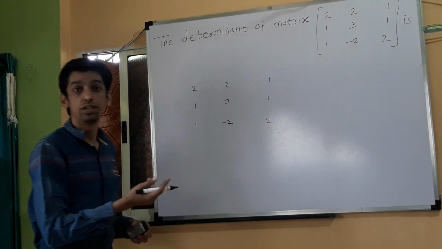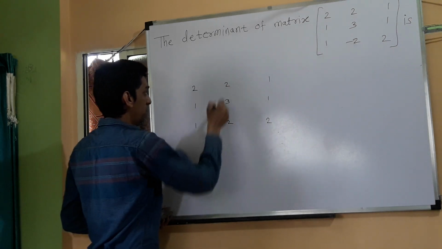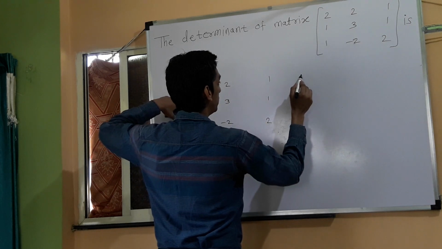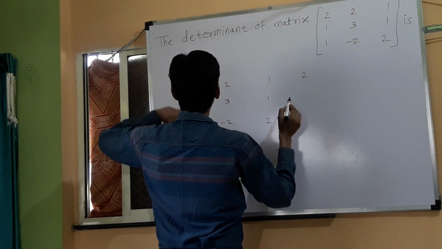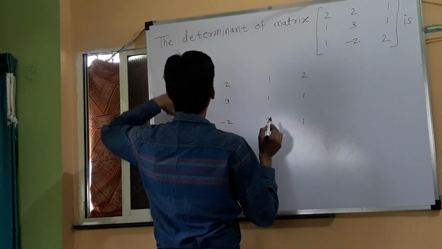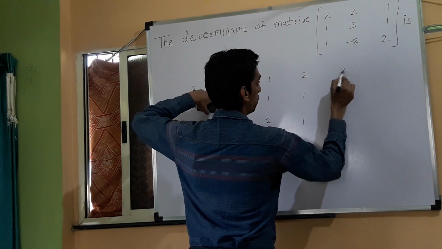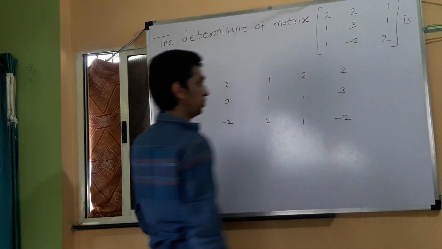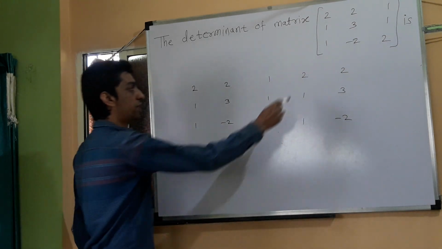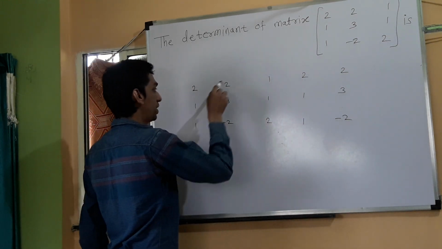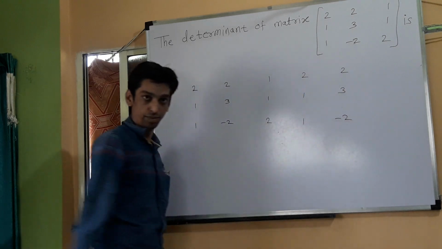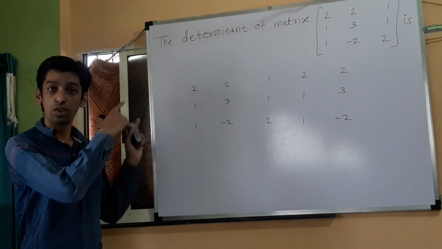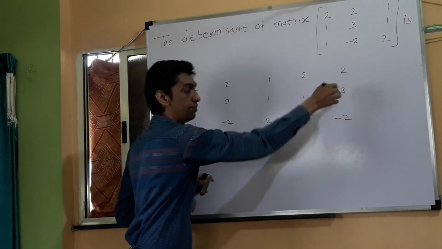It is a part of that method. So we are writing the first two columns as they are here: 2 1 1, then 2 3 minus 2.